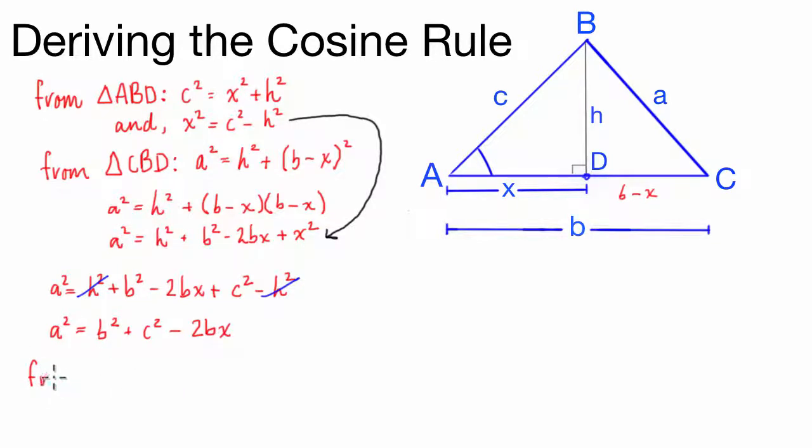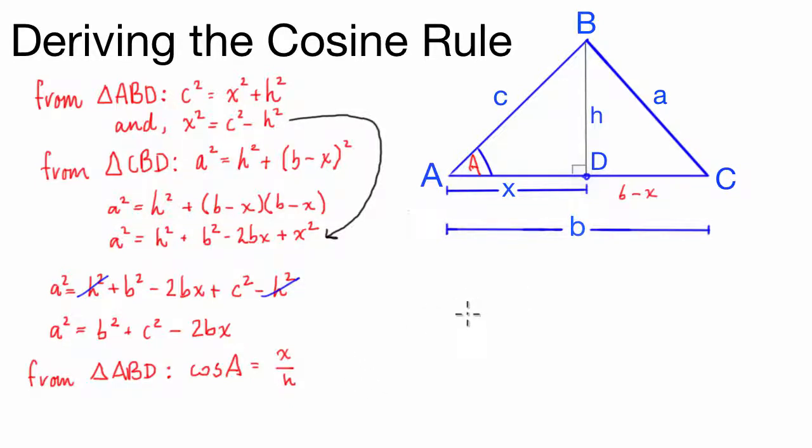So again, from triangle ABD, we can say that the cosine of the big angle A, this angle here, is equal to the adjacent X over the hypotenuse H.